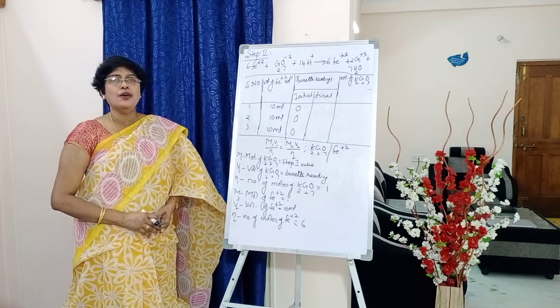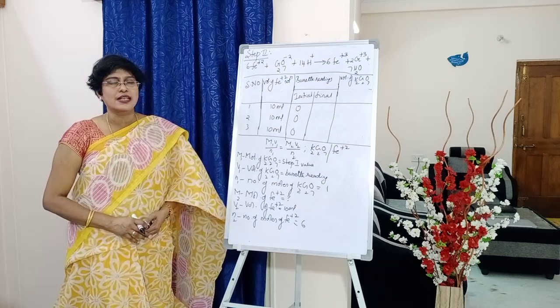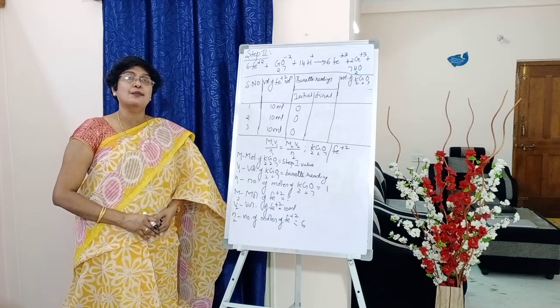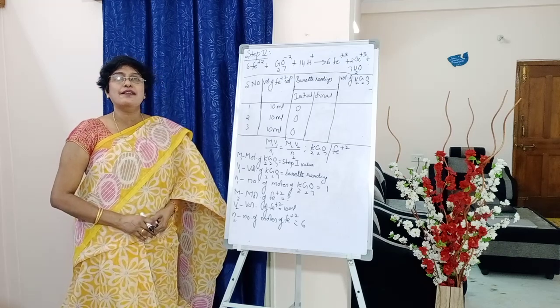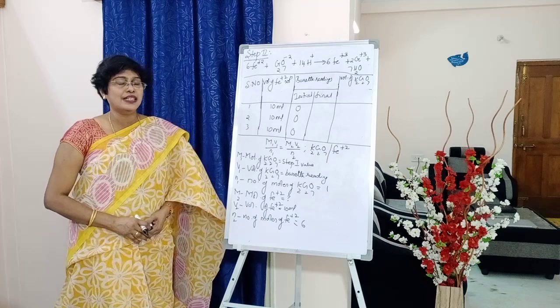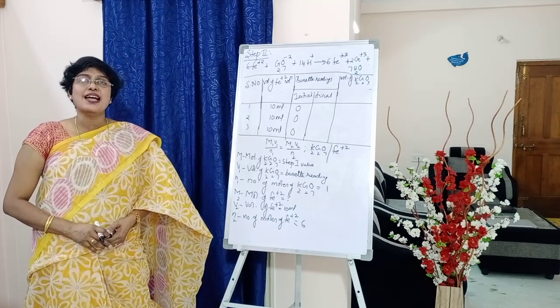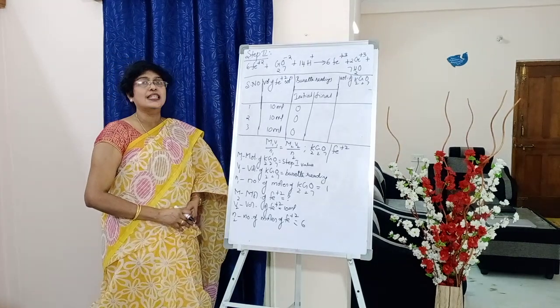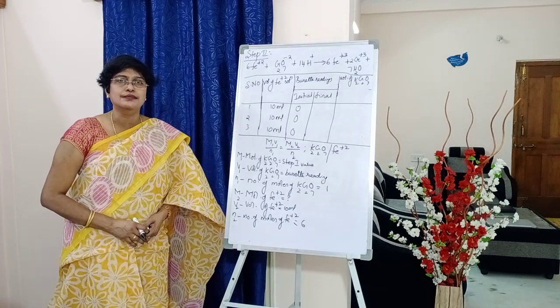Next is volume of K2Cr2O7. So K2Cr2O7 is taken in the burette, students. So wherever the end point is reached, that reading we are supposed to enter in the final readings column.